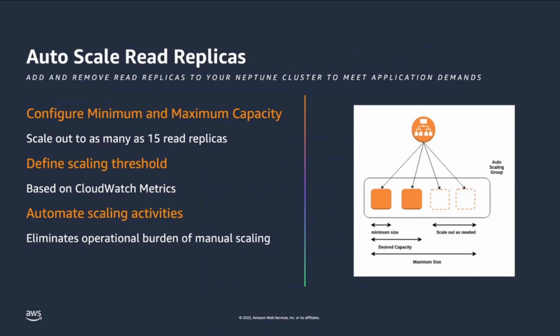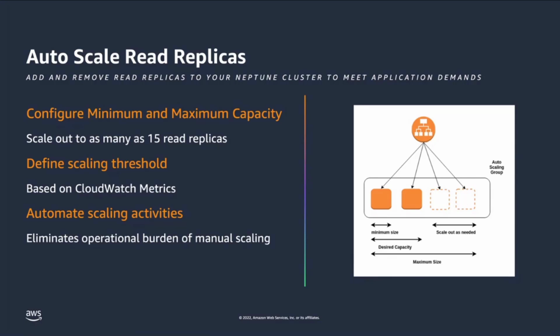Another feature we recently added to simplify some of the operational headaches is the auto-scaling read replicas. As we talked about earlier, Neptune is an instance-based database. It allows you to scale read replicas up to 15 of them. Auto-scaling read replicas allows you to specify a minimum and a maximum capacity, and a scaling threshold based on some of the CloudWatch metrics, and then it will automate the scaling activities as your workload demands.